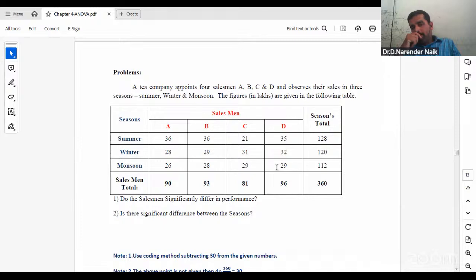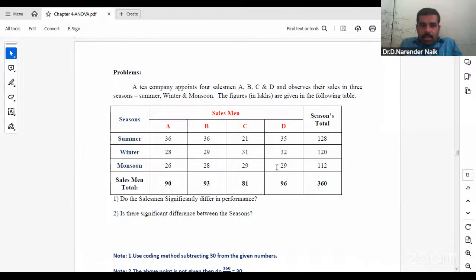A tea company appoints 4 salesmen, A, B, C and D, and observes their sales in 3 seasons: summer, winter, monsoon. The figures in lakhs are given in the following table. That is seasons, salesmen, summer, winter, monsoon. A, B, C, D: 36, 36, 21, 35, 28, 29, 31, 32, 26, 28, 29, 29.